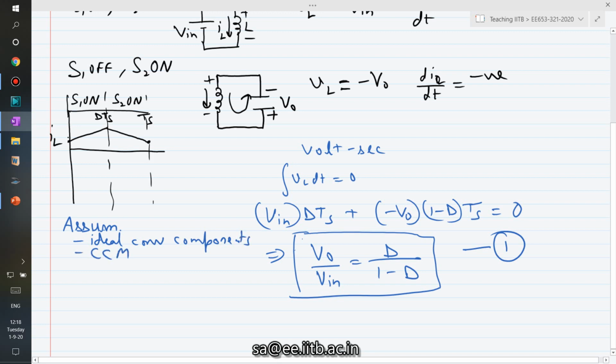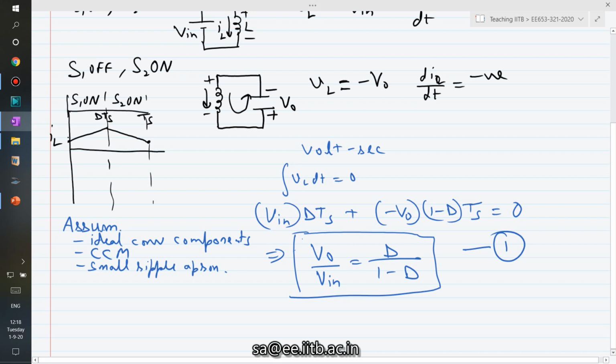Operating in continuous conduction mode. We have still not defined it. We will do it most likely in the next one or two video lectures. So these are the two assumptions that we have taken to find this expression, and the small ripple approximation, as and when required, we usually take that approximation also.